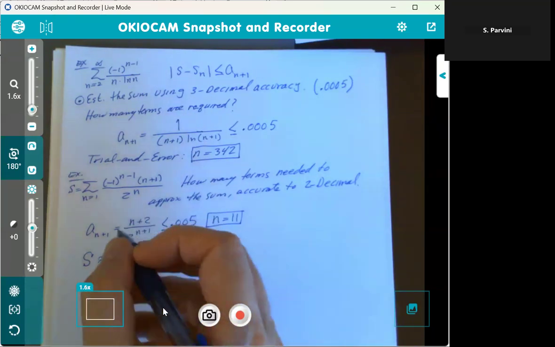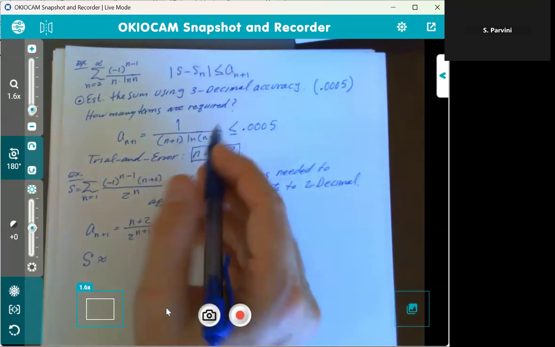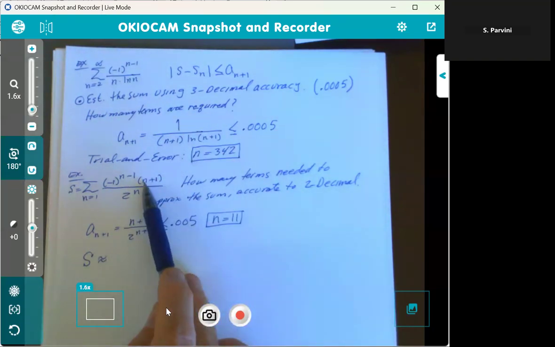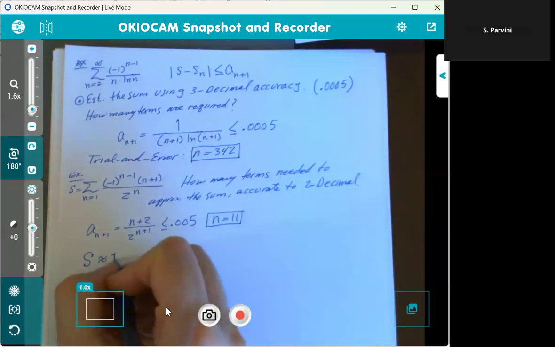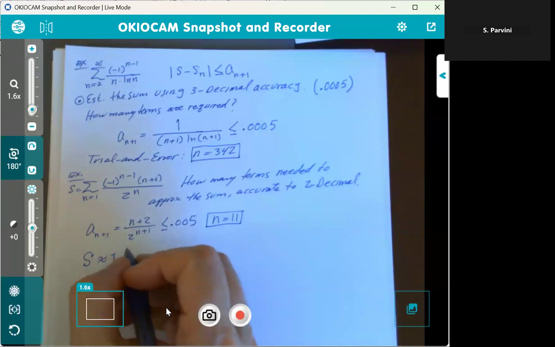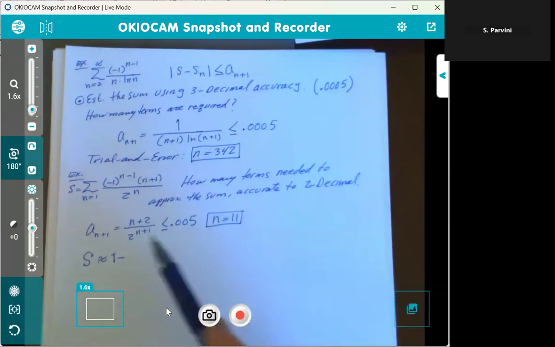This sum is going to be approximately equal to, I'm going to plug in the numbers. So when n is 1, you get 2 over 2, which is 1. Negative 1 to the 0 is 1, and 2 over 2 is 1. It's going to be 1. And the next term, because it's alternating, is going to be negative. And then n is 2.